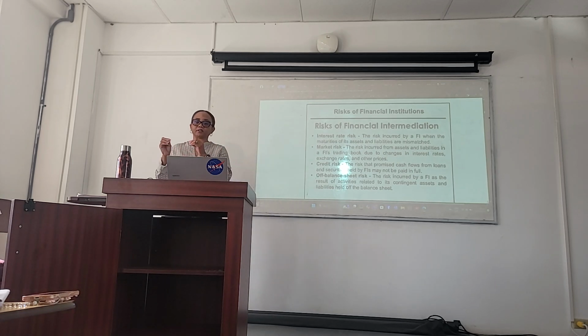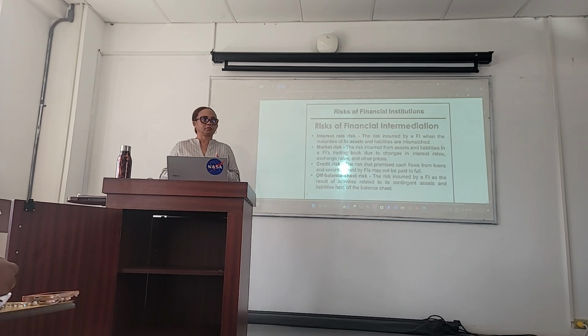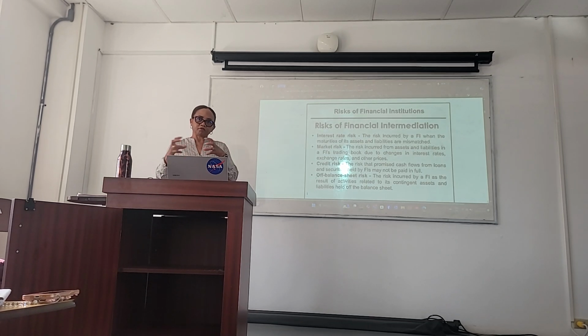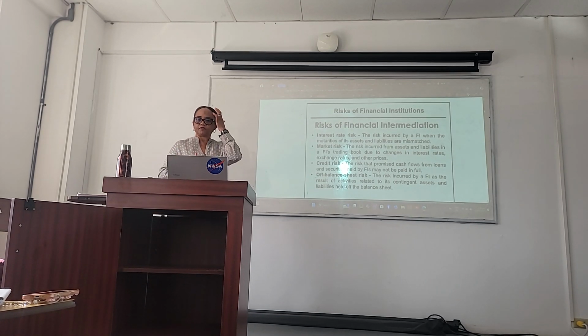Market risk arises from those other risks that are faced when you're trading, all right? So whether it be stocks, bonds, or foreign currency, that's the risk from the market. The other risks that they face, together they affect the pricing of securities in the market.